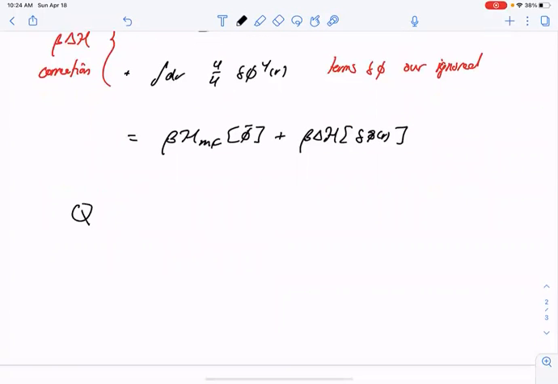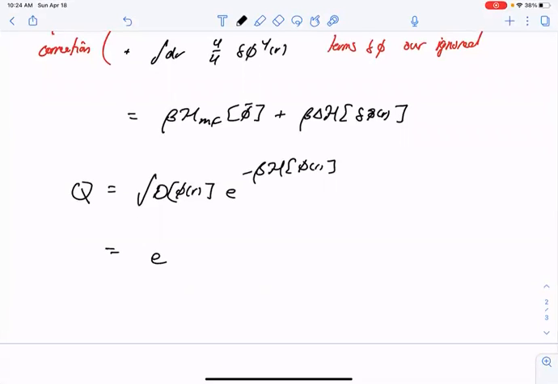That separation lets us write down the partition function, which is a path integral over all fluctuating fields, weighted by the full Hamiltonian, into a mean field piece, which I can take outside of the path integral because it is a single value of the field. It's not fluctuating.